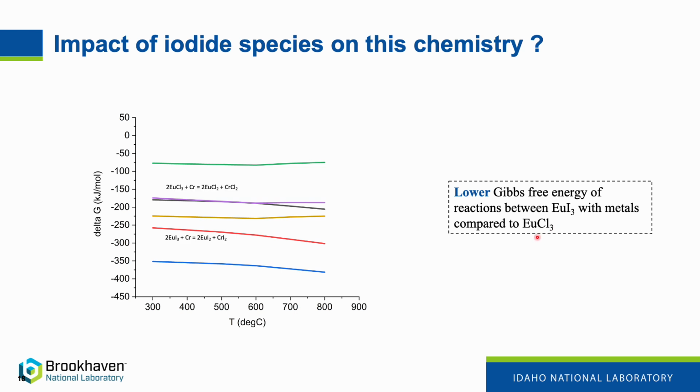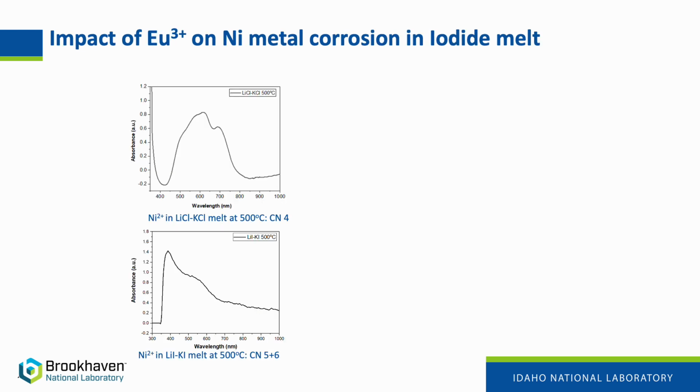So this is for nickel. Again, for chromium also, for iodide it is lower compared to chloride, and for vanadium also, for iodide it's lower compared to chloride. Which means that the corrosion of these structural materials is expected to be much faster when we go from chloride melt to iodide melt.